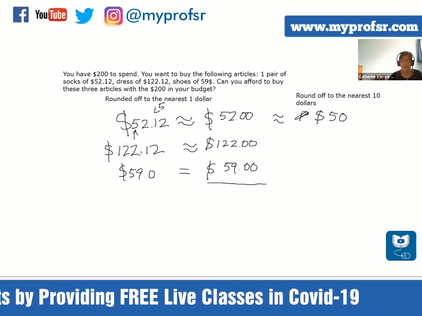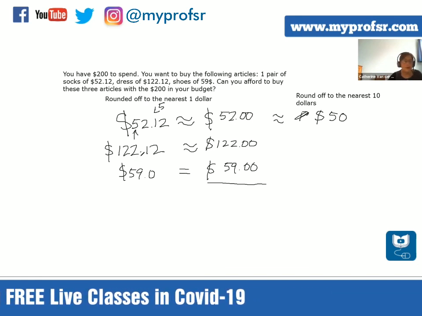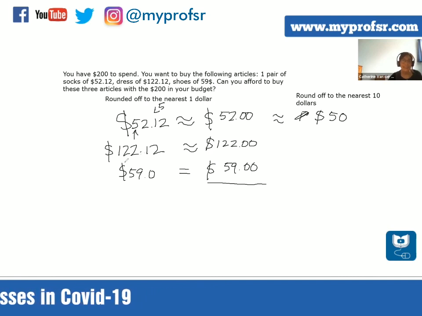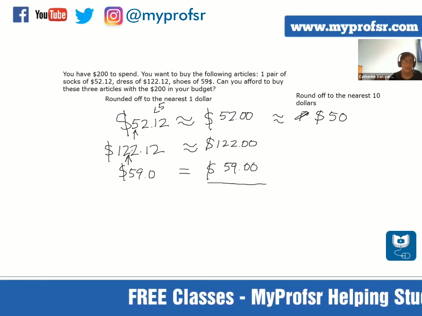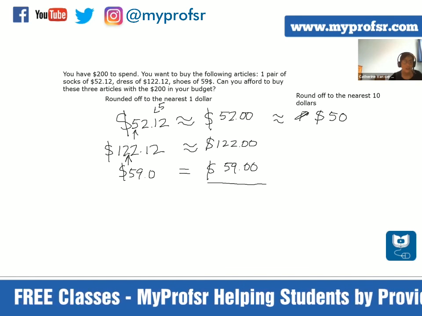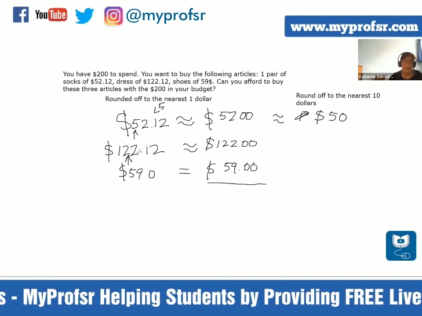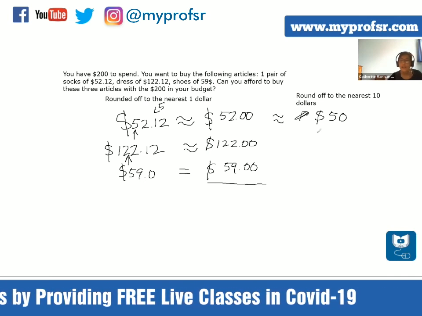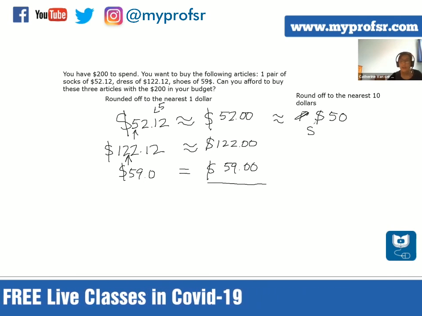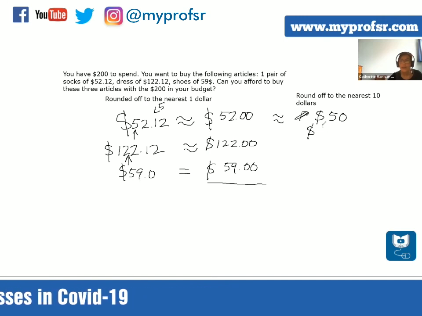Thank you, I see someone has already calculated the whole of the problem. This one we're going to round off to the nearest 10 as well, the 2, and we have a 2 next to it, which is smaller than 5, so that's going to become $120.